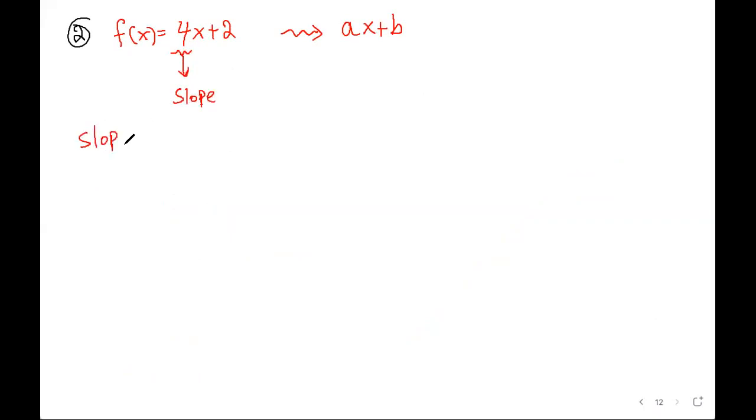For the second one, I know f of x equals 4x plus 2, which is equivalent to ax plus b. So this is the slope. So the slope equals 4.